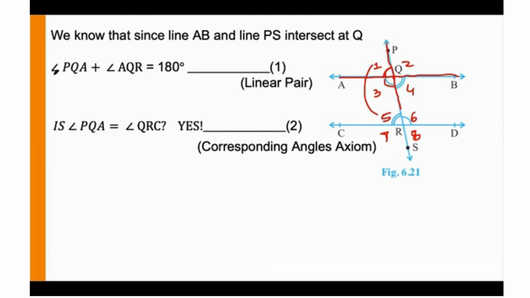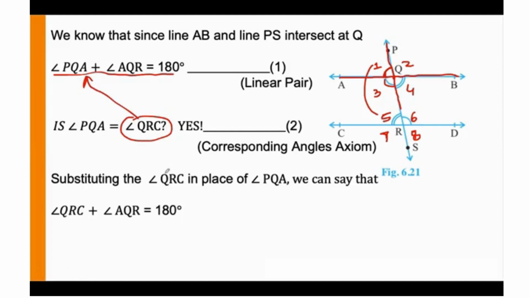Now look at the first equation that we have got. PQA plus AQR is 180 degrees. Can I put QRC in place of PQA because they both are equal? Yes, we can.